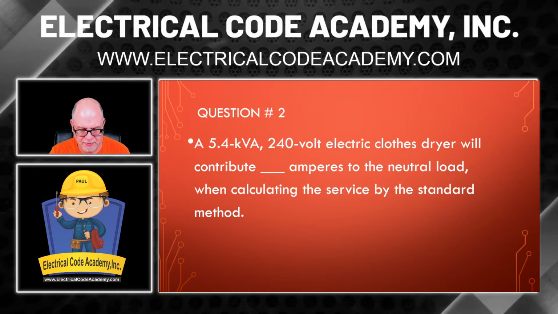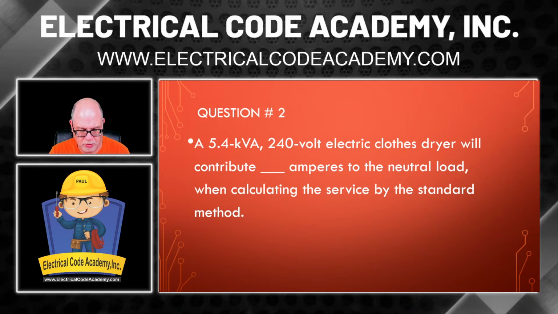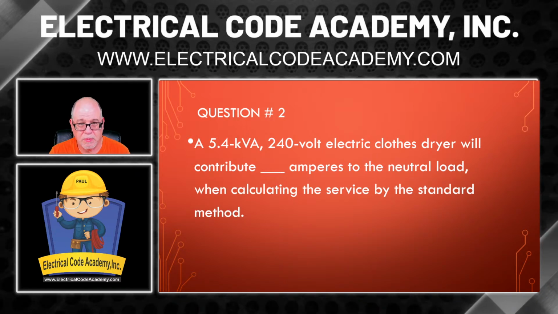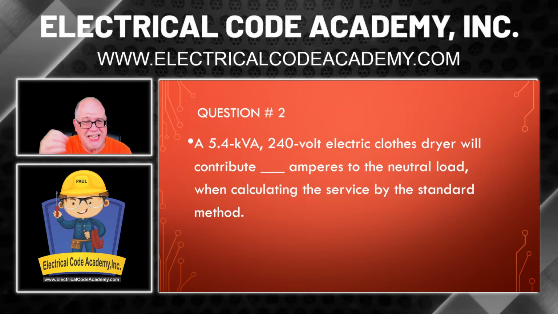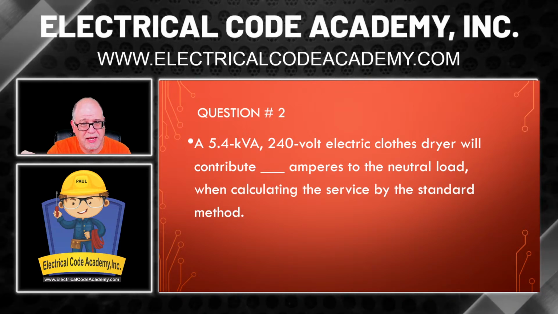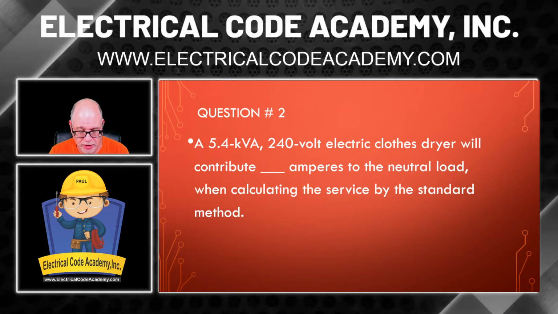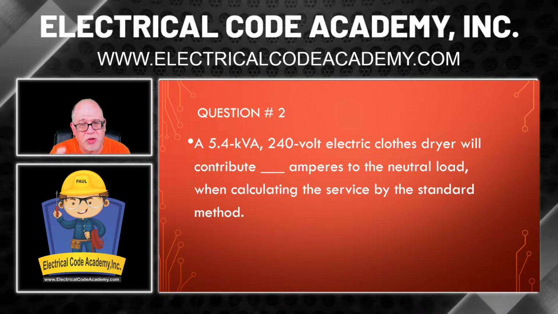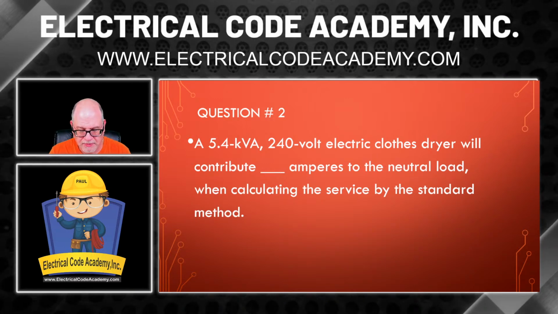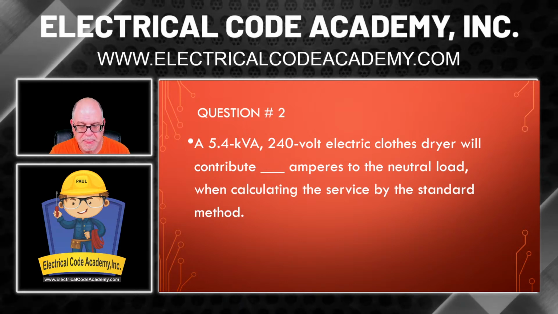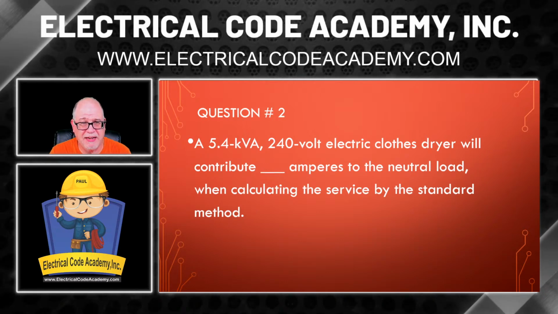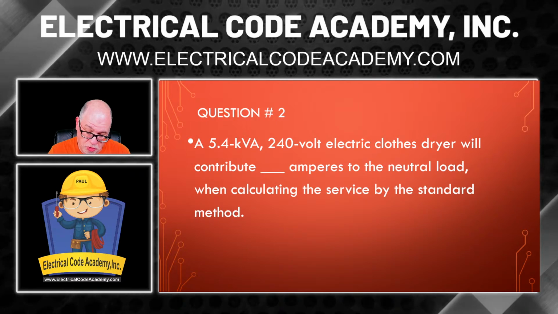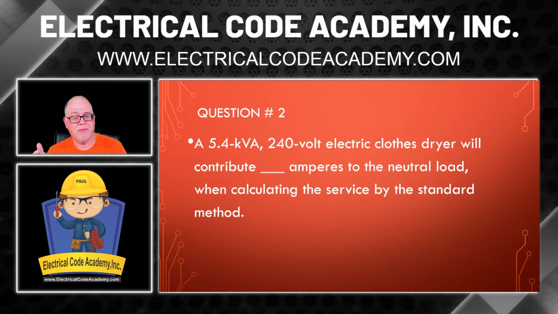Okay, so 5.4 divided by 240, okay? But you want to get this into VA, you want to get this into watts, or it's going to work out funky for you. So 5,400, okay? And we're going to divide that by 240, and that's 22.5. Okay, 22.5. Well, that's my amps.